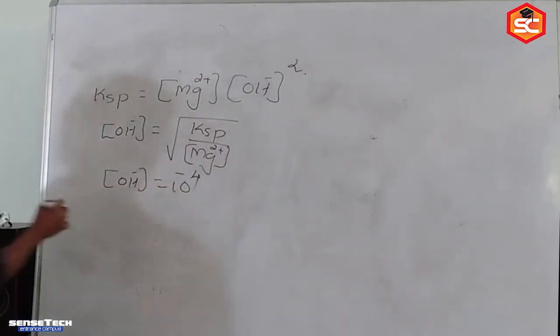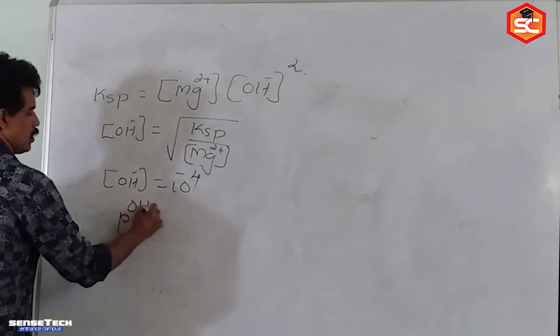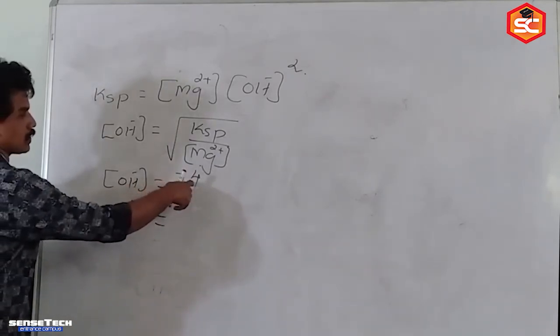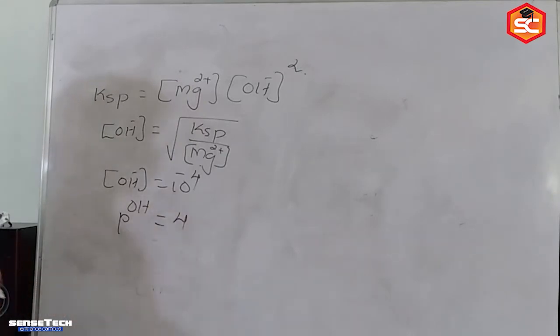So what is pOH? OH minus concentration is 10 to the minus 4, so pOH is equal to 4. pOH is 4, so pH is equal to 10 because the total of the two is 14. So what is the pH of the solution? pOH 4, pH is equal to 10.